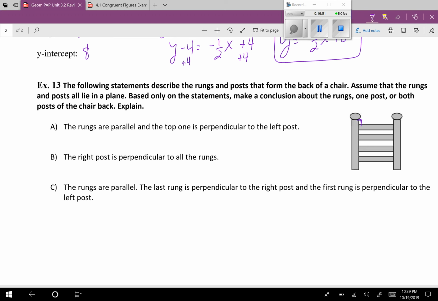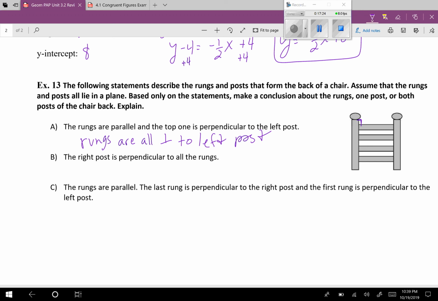So if you know that you have a bunch of parallel lines and you have a transversal and the transversal is perpendicular to one of the lines, then it is perpendicular to all of your lines. So we can say that the rungs are all perpendicular to the left post, because we already know that they're parallel, and since the post is perpendicular to one, it's perpendicular to all.